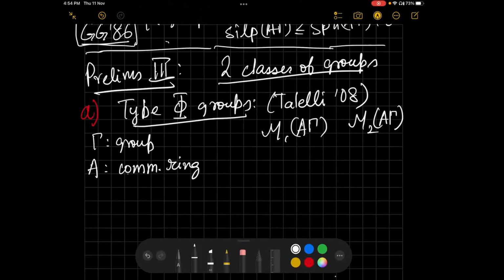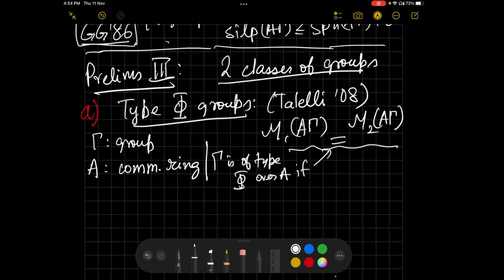So gamma is said to be of type phi over A if these 2 classes coincide. As in, for any module, it has finite projective dimension over the big group if and only if it has finite projective dimension over all finite subgroups.